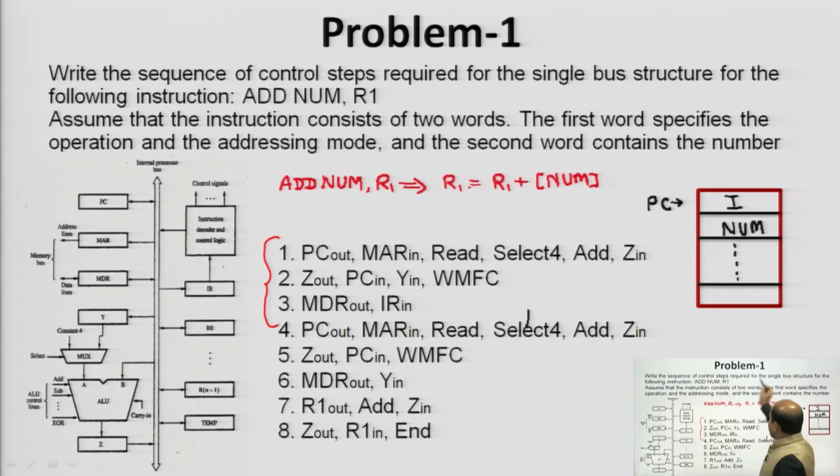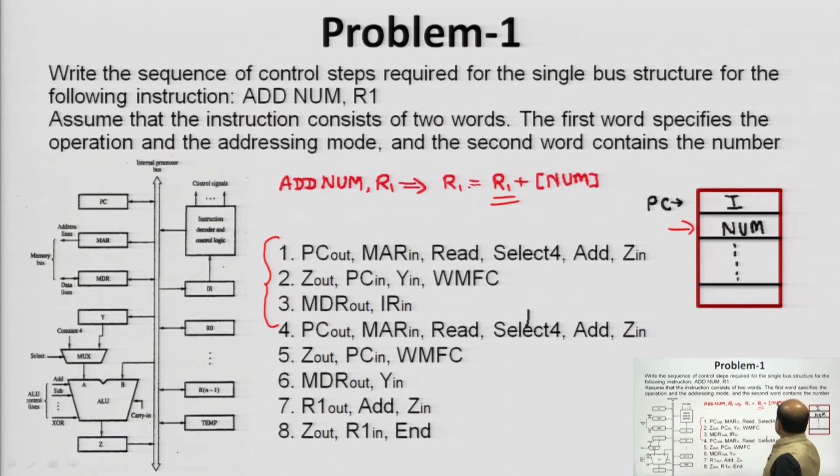As the problem says, it has two words in the main memory, and the second word, that is the data or the operand value, has to be fetched from the memory and added with the content of the r1 register.